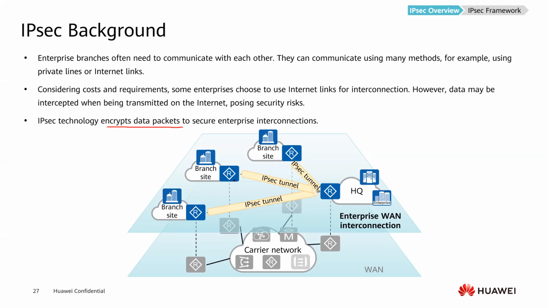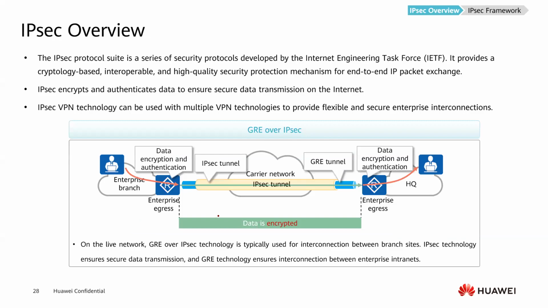So when the packet is forwarded over the internet, even if it is captured by other people, they cannot decrypt the data. How does IPsec achieve that? There are some ways to do it.